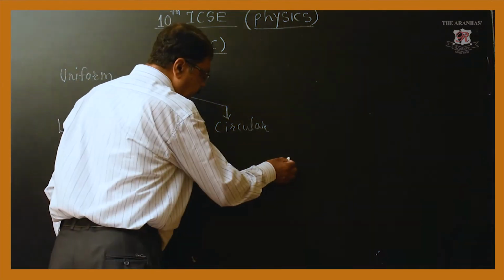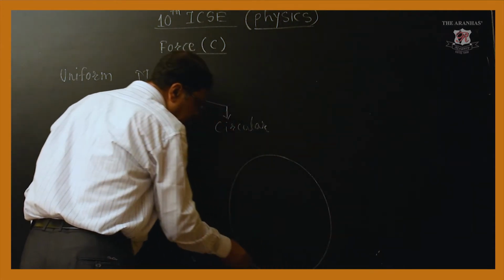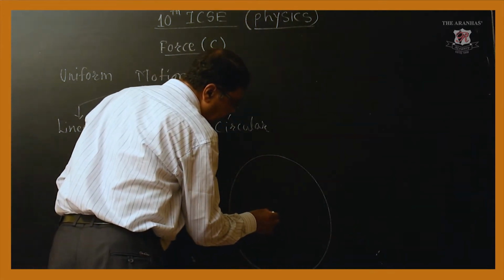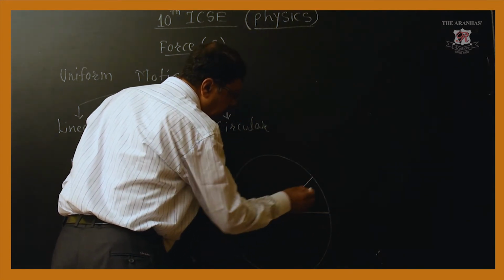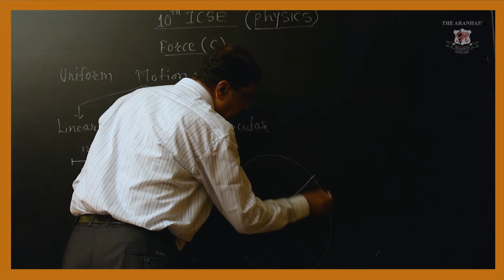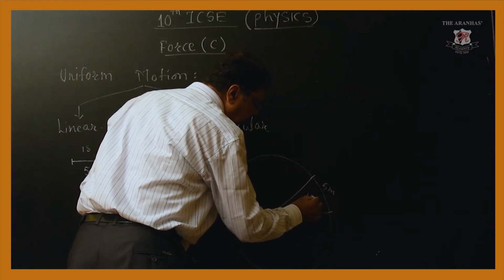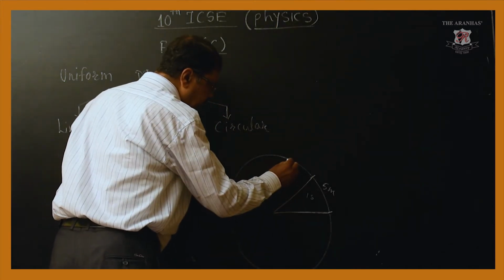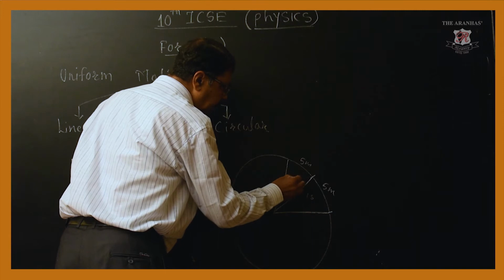Similarly, if a particle covers equal distance in equal interval of time, say for example, it covers a distance, this is again 5 meters, covered in 1 second. Next 5 meters also covered in 1 second.